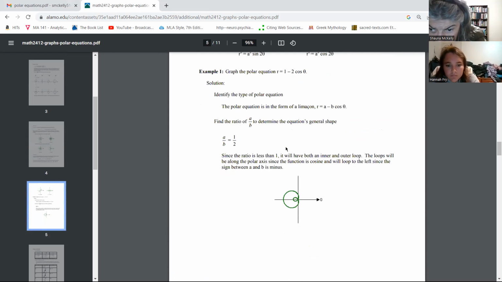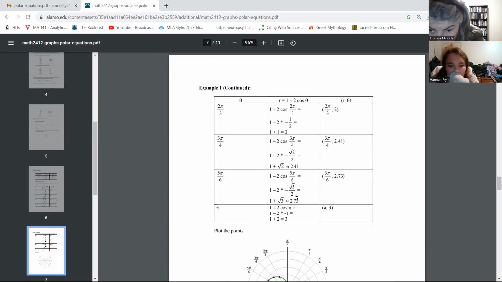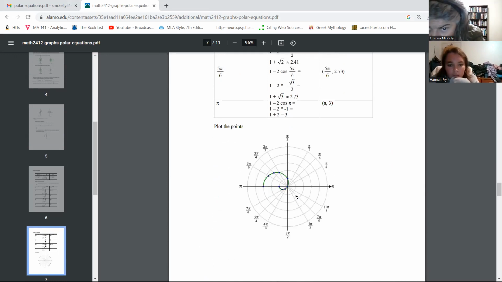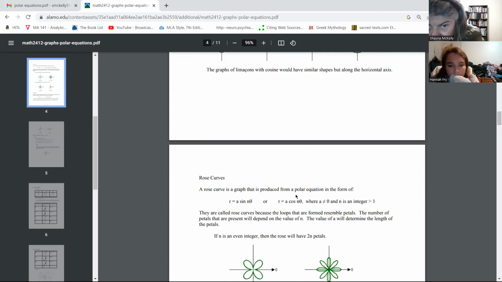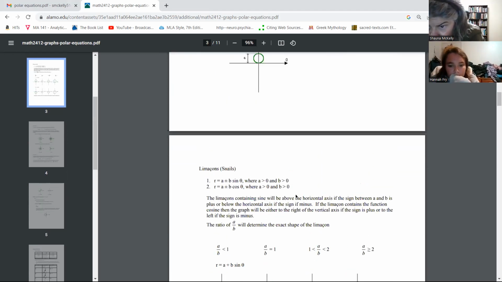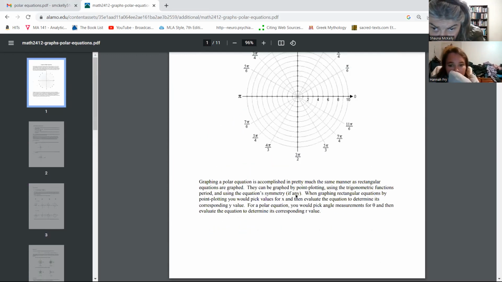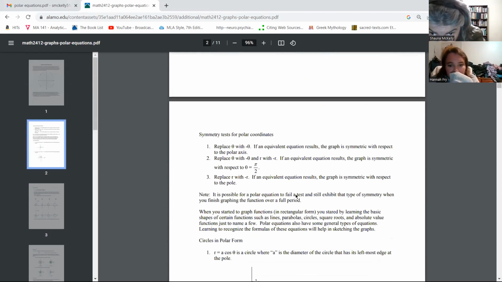Now you can skip the lemniscate if you want, but you can go to this curve and if you want to see how things are plotted, you can look at these 2 examples down here. But you're basically looking for these 2 in the first 2 pages. So that's kind of a review of what we did before.